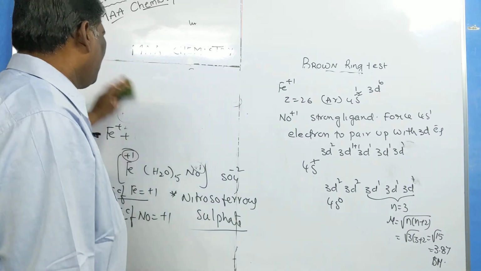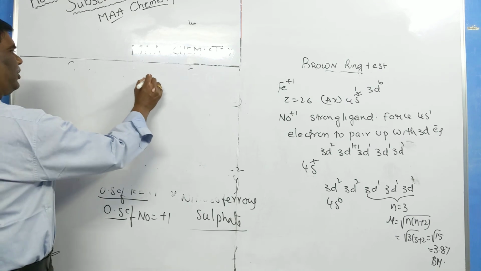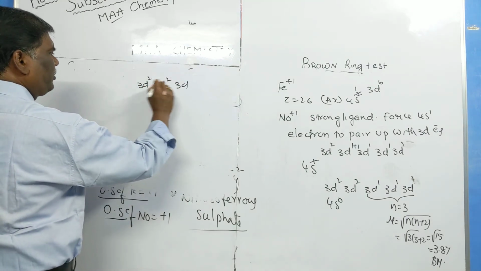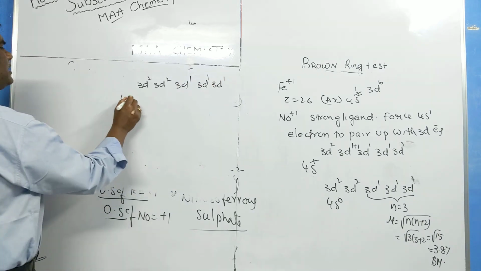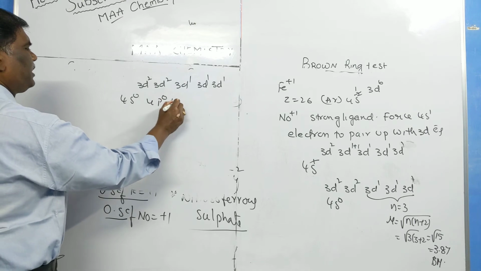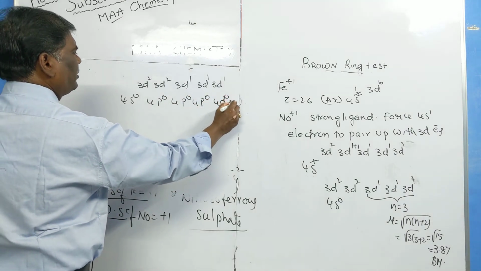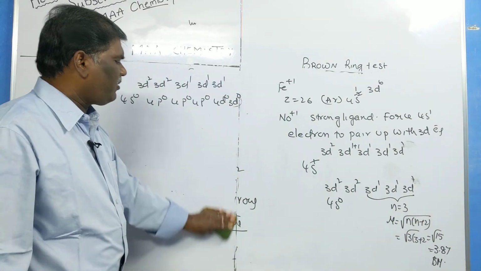The next one, what is the hybridization? What is the configuration we got? 3d2, 3d2, 3d2, 3d1, 3d1. Here is 4s0, 4p0, 4p0, 4p0 and 4d0, 4d0. Now do you know how many ligands are present in the brown ring formula?